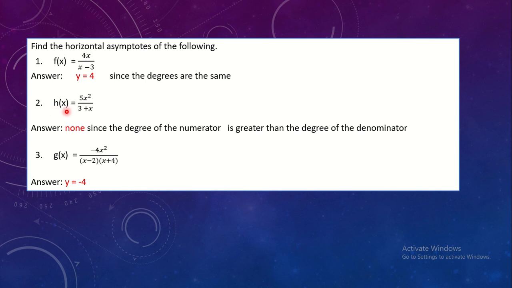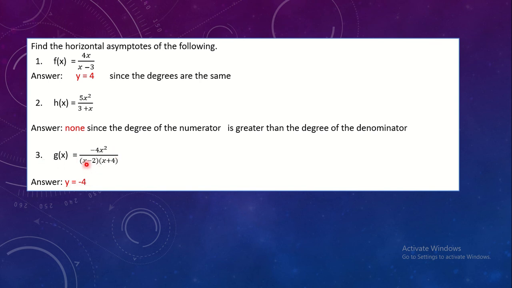Example number 2, h of x is equal to 5x squared and 3 plus x. 2 ito, 1 yan. Mas mataas ang numerator sa denominator, therefore, wala kang horizontal asymptotes. Diba? Dali-dali lang. O, g of x, bakit naging siyang y is equal to negative 4?